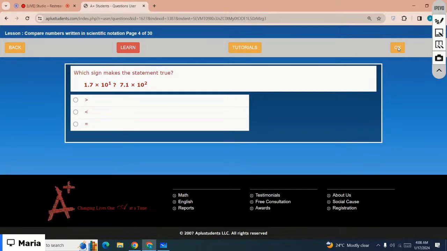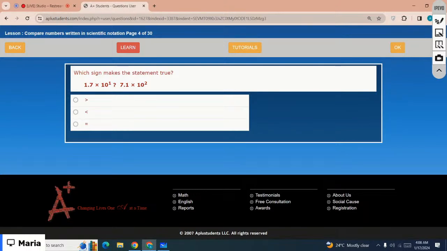Okay, the next one is which sign makes the statement true? 1.7 times 10 exponent 1. You have to compare it to 7.1 times 10 exponent 2.